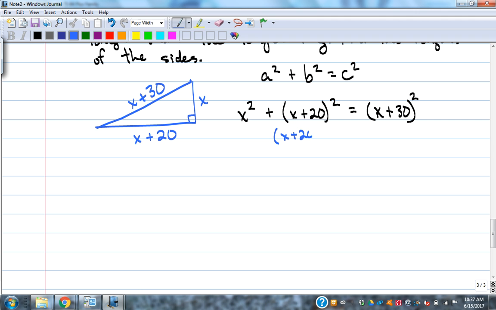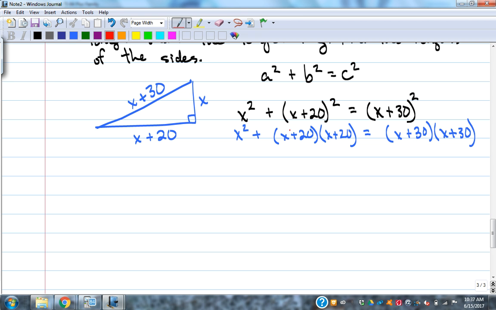Remember, that's x plus 20 times x plus 20. And the x squared, there's nothing to do to it. But then x plus 30 squared is x plus 30 times x plus 30. Remember, that's what those mean. Order of operations tells us we have to do that multiplication before we can add and subtract. So we're going to multiply these together.